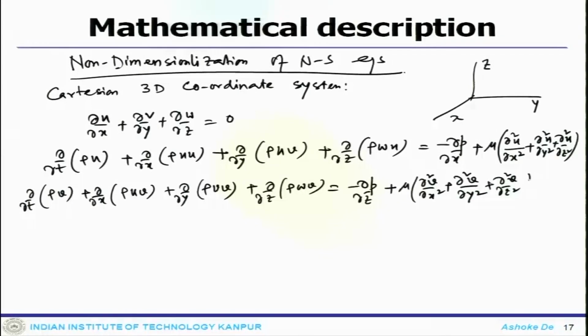and if you have a source term, just this one you put x, this one y, this one z. So the source term acts in this direction, gravity.